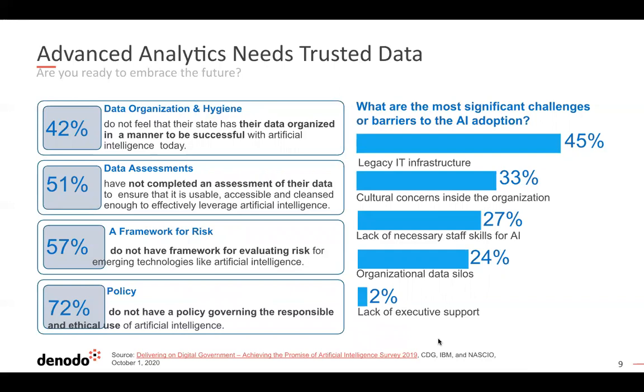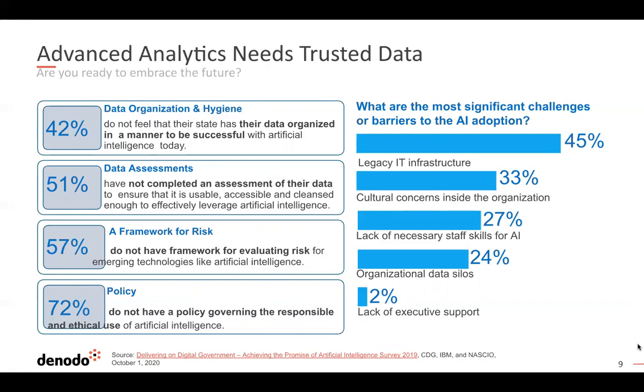This is a survey that was conducted by IBM and NASCIO, and it highlights some of the bottlenecks or barriers for AI adoption. Based on this data, it shows where organizations stand today. They do not feel comfortable that their data is organized in a manner that they could run these projects.